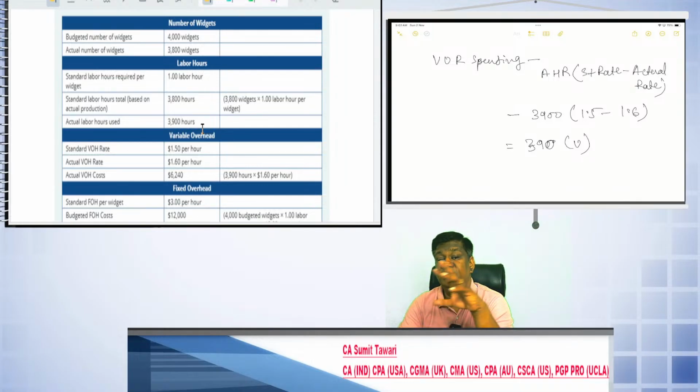So here the quantity produced is not so important. This we need to consider for the fixed production overhead. But here, because we are applying the overhead rate on the basis of actual hours, we need to consider 3,900 multiplied by 1.5 minus 1.6, which will give 390 unfavorable. This is my spending. Then efficiency.